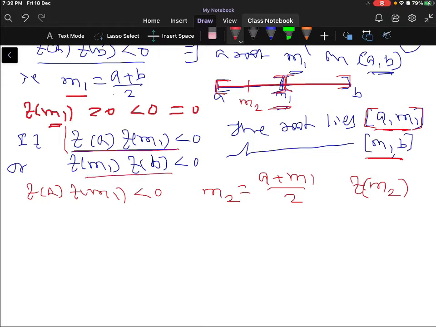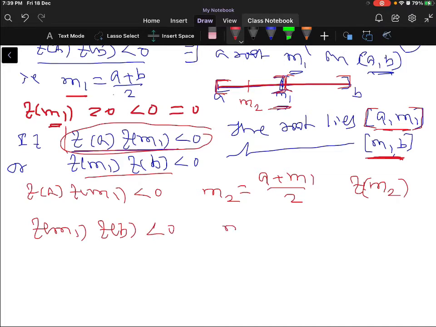In the other case, if f of m1 into f of b is negative, we divide the interval m1 comma b at m2, where m2 is equal to m1 plus b by 2. Then you have to find out f of m2.